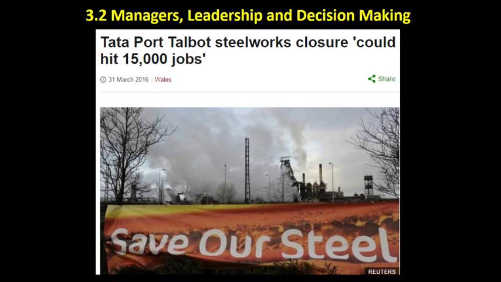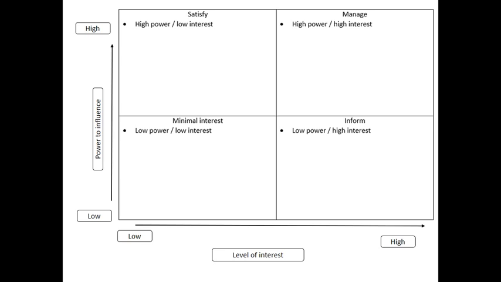So there was a big issue about whether or not the steelworks would close, that was quite widely reported in the media.